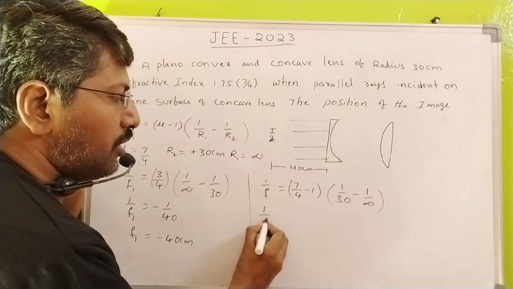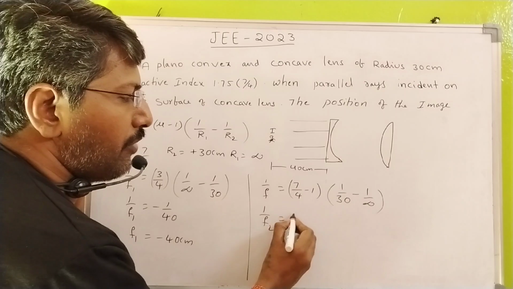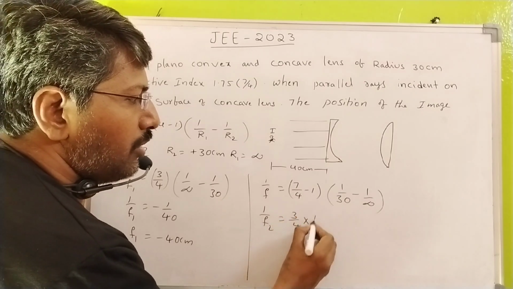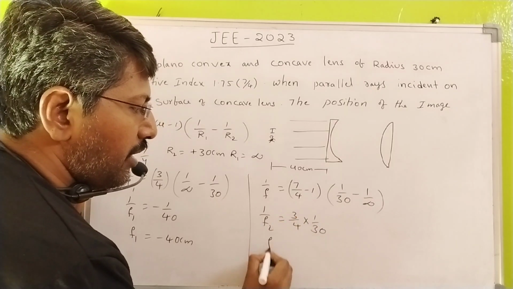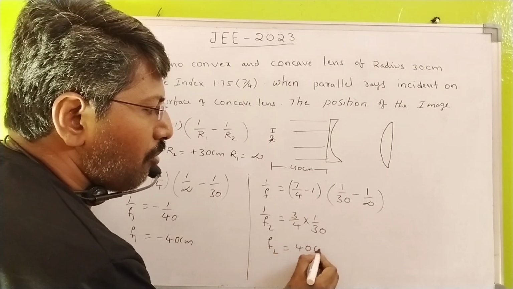If you substitute here, f2 is equal to 3/4 into 1/30 on simplification. So here f2 is equal to plus 40 centimeter.